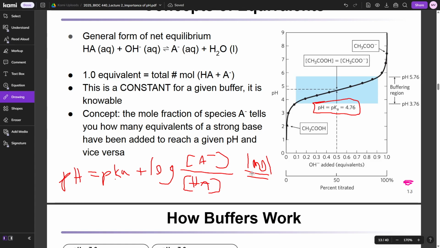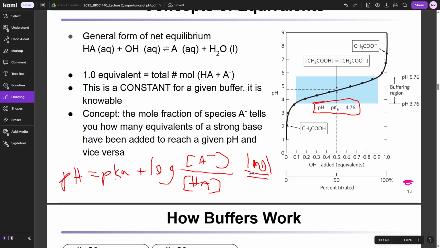When I add the hydroxide into my solution of purely acid of 1 mole, I will turn 50% of that 1 mole of acid into 0.5 moles of base, because that hydroxide is ripping off a proton from half of those acids. Does that sort of make sense?